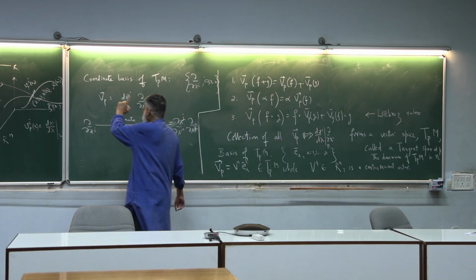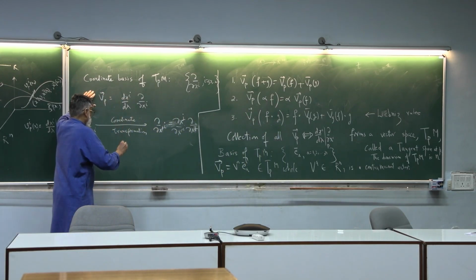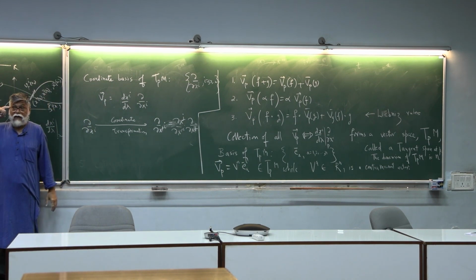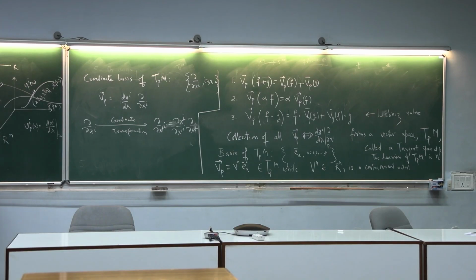But the vector V_p does not change. That's the new thing, for those who are only familiar with tensor calculus and not differential geometry. In differential geometry, under a coordinate transformation, the vector itself does not change. The vector is V_p, it is an operator. Its components change. Why?